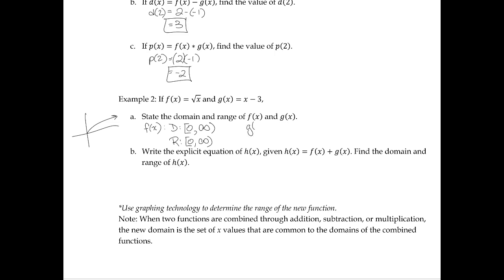For g of x, my domain could be anything. There's no restrictions on a linear relation or function. So it can be negative infinity to positive infinity. My range would also be negative infinity to positive infinity. That is supposed to be a rounded bracket.